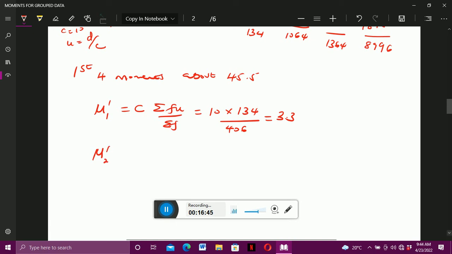Then we get the second moment about 45.5. It's going to be C squared, sum of fu squared over sum of frequencies. C is 10, so C squared is 100. The sum of fu squared is 1064. All this we divide by 406, and that gives us 262.07.